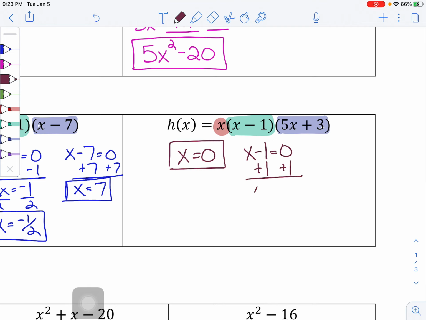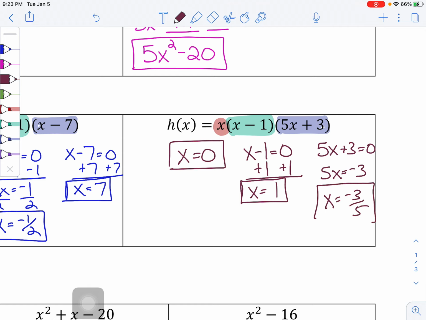If I add 1 to both sides, I would get x is equal to 1. And now I have my second 0. And then the last one is 5x plus 3 equals 0. I'm going to subtract 3 from both sides, divide both sides by 5, and 100% I'm leaving that in fraction form. I don't need to deal with the decimals.